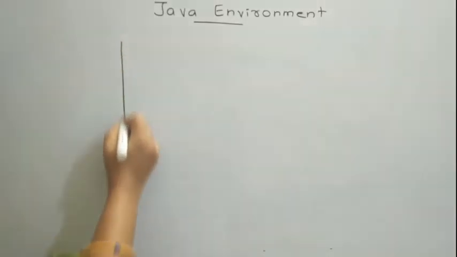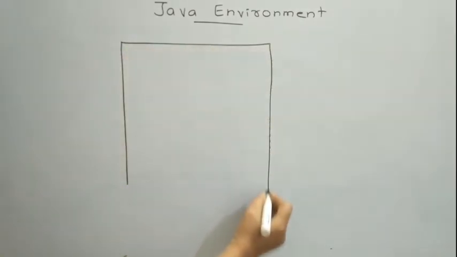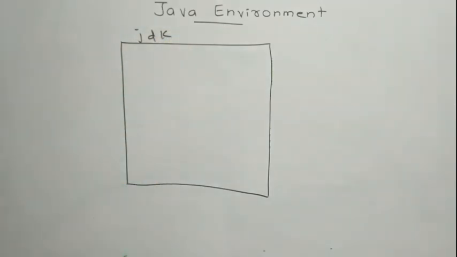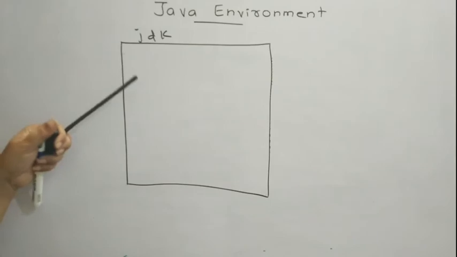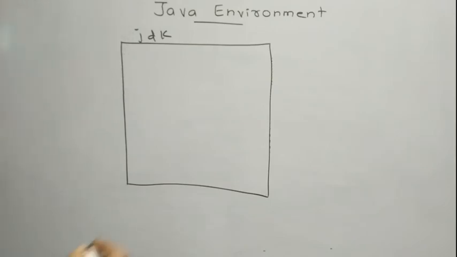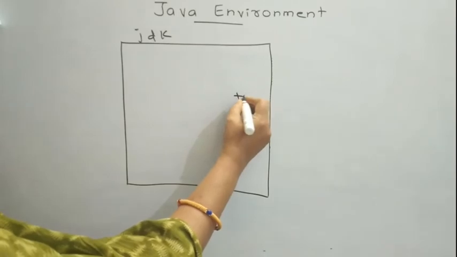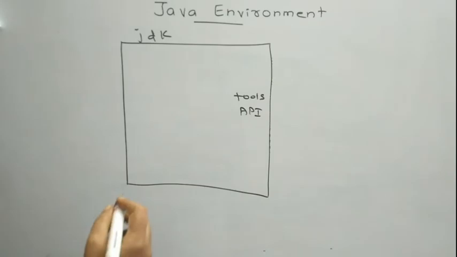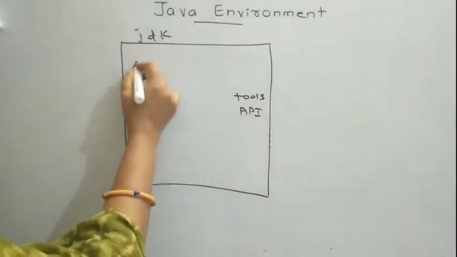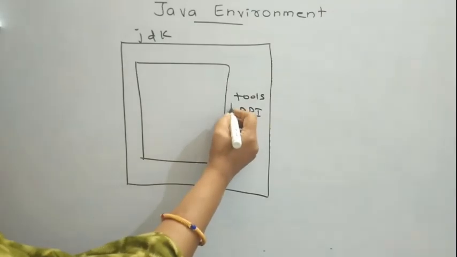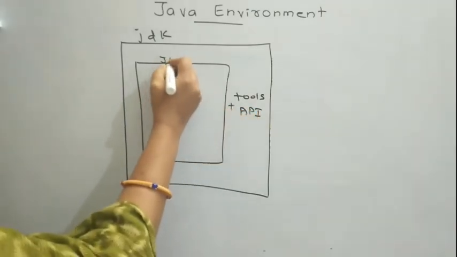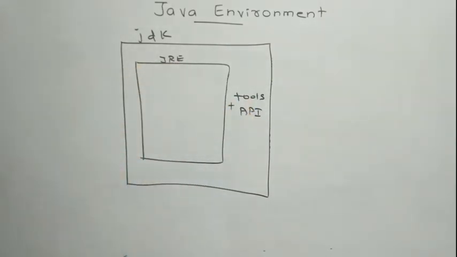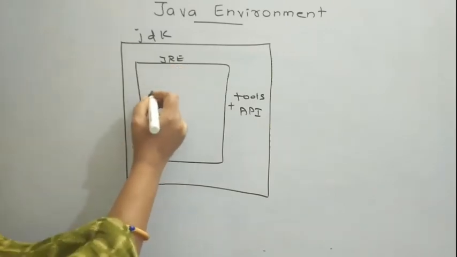Let me summarize. JDK is the software development environment which is used to develop and execute a Java program. JDK contains tools and API to develop a Java program, and along with these tools and API, it contains JRE. So JDK contains tools, API and JRE. What does JRE contain?